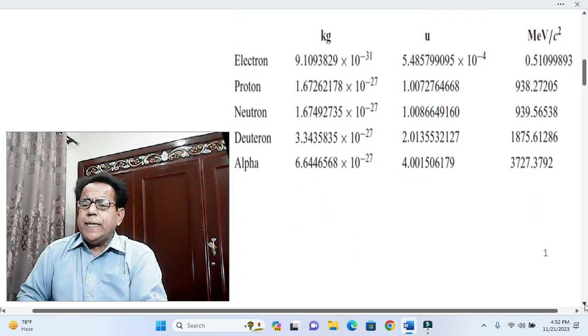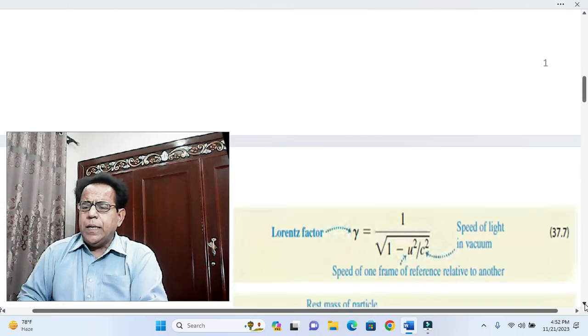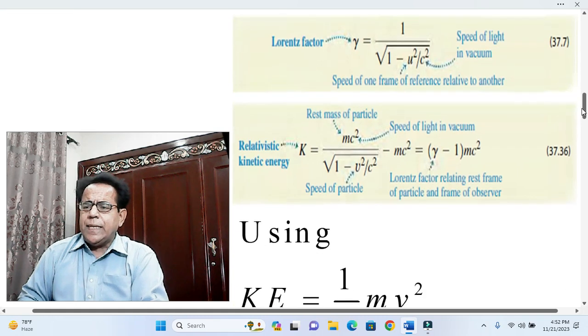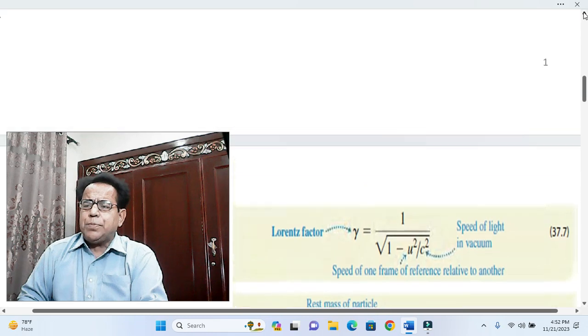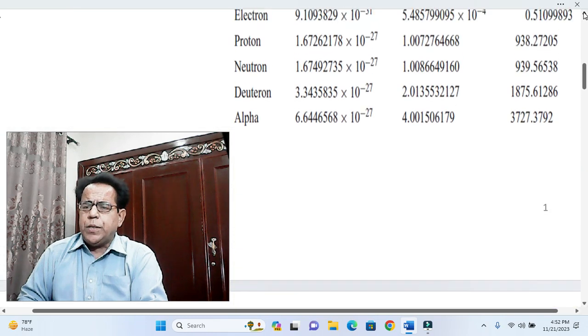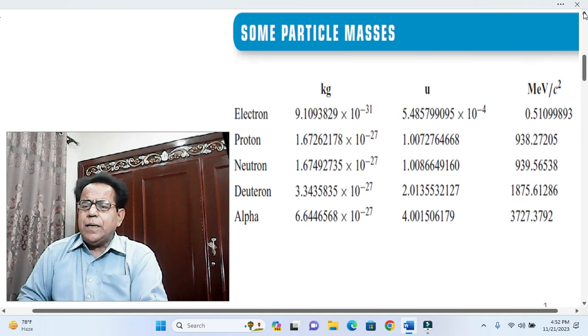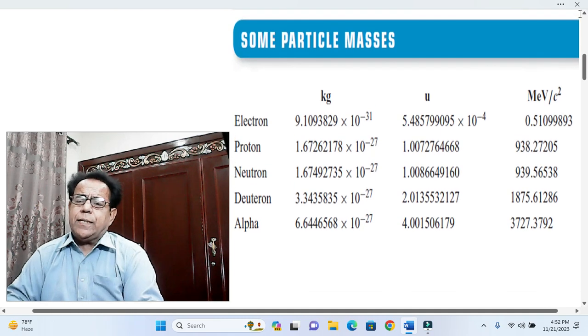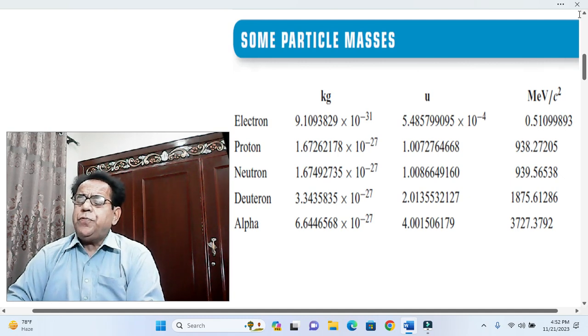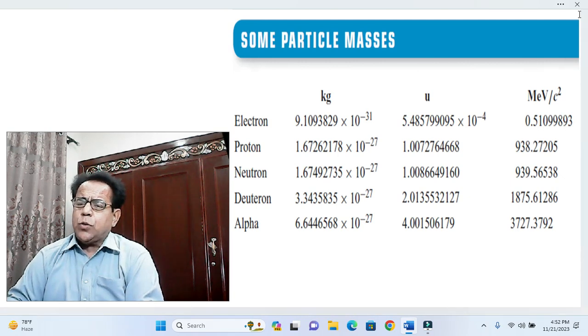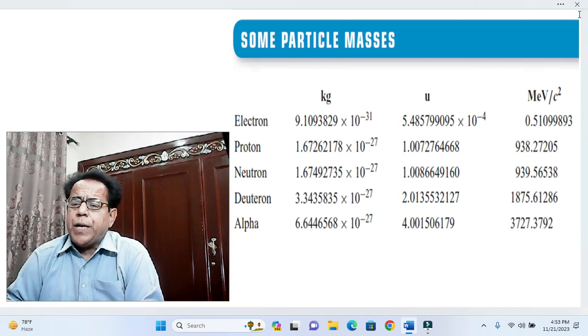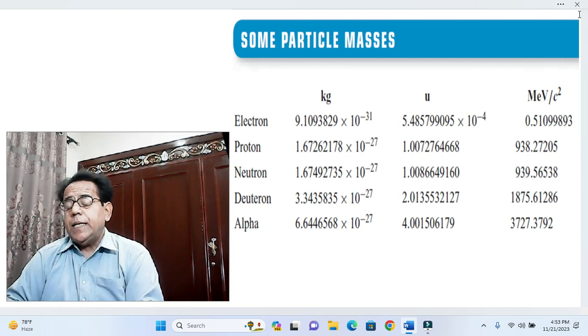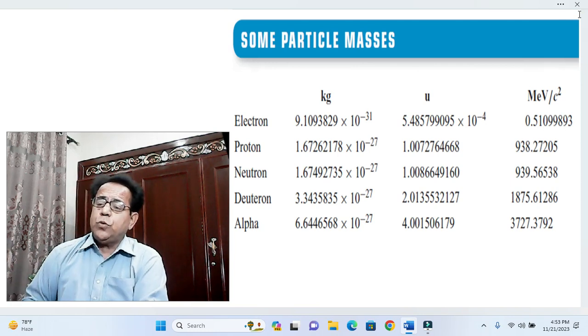Next, dear students, there is a table. Next, there are three more snapshots. In the next snapshot, a table has been shown. The table is of some particle masses, dealing with the masses of various particles like electron, proton, neutron, deuteron, alpha. Here we are concerned with the mass of the alpha particle.